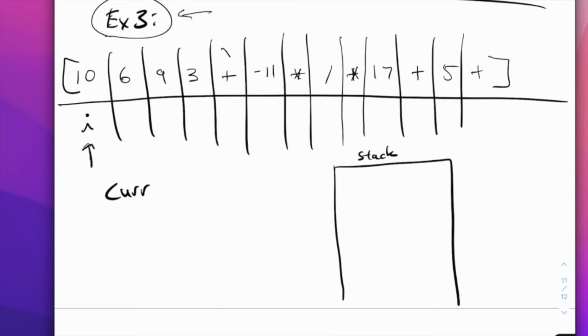We need an operator, like a plus sign, multiplication, division. Those are things that actually perform actions on the operands, right? So if we ever encounter an operator, then we need to pop things off of the stack and compute them, and then we'll push things back onto the stack.